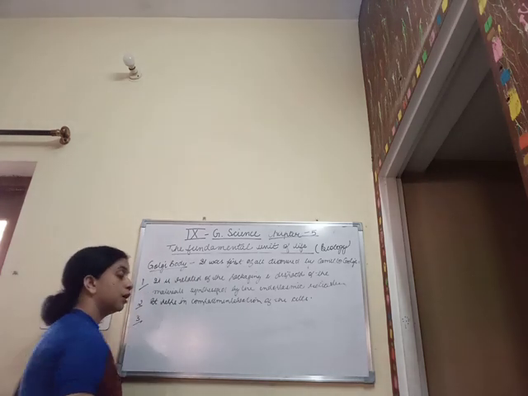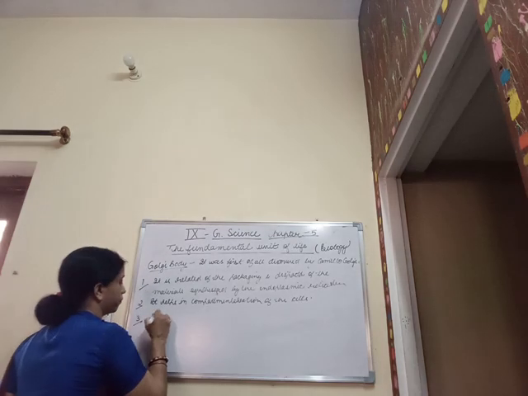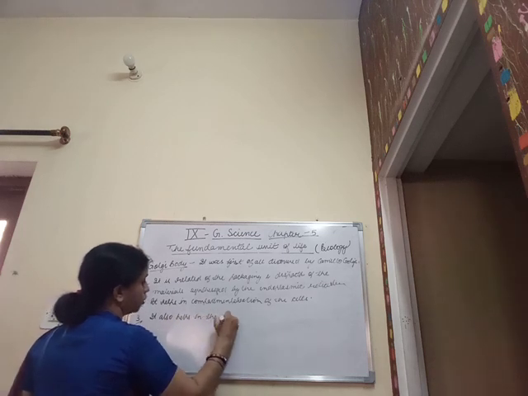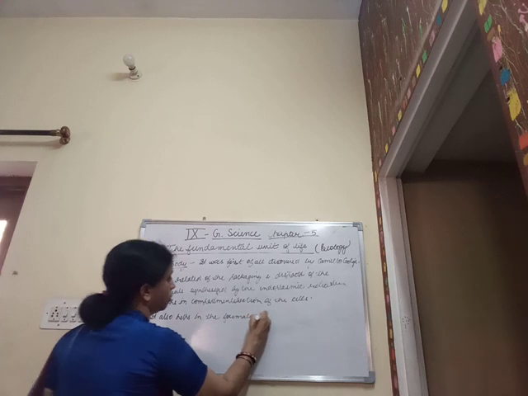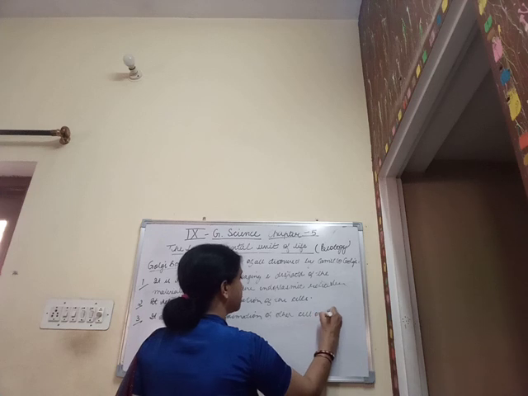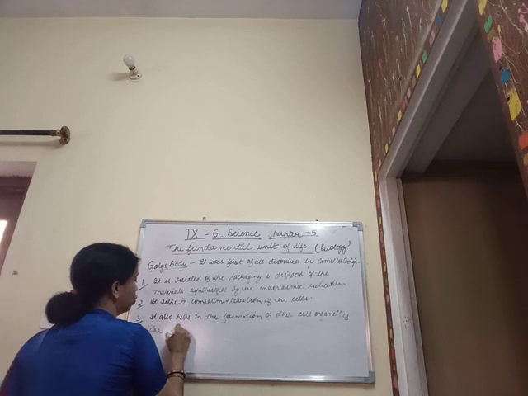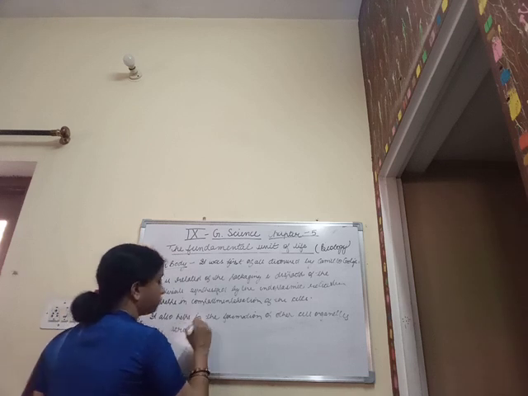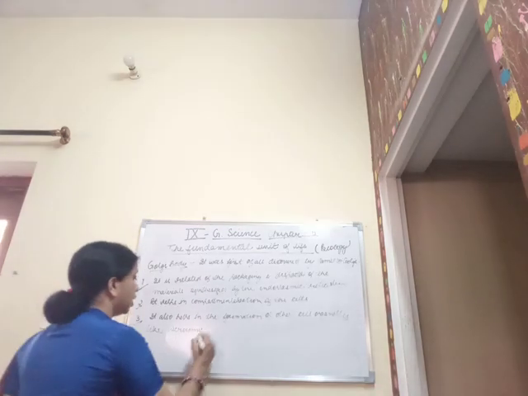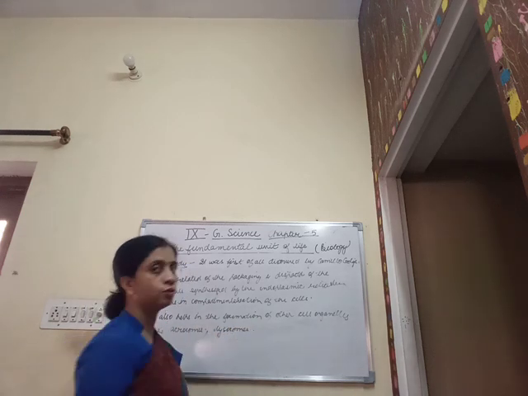Third, it also helps in the formation of other cell organelles, like acrosomes, which are found in the sperm cells at the tip of the head region, and the lysosomes, which are present within the cell itself and are said to be the suicidal bags.